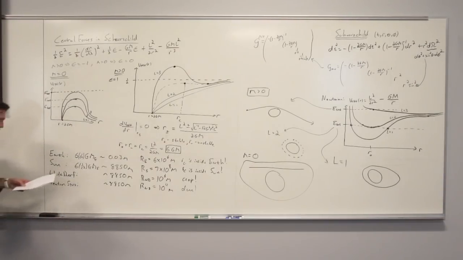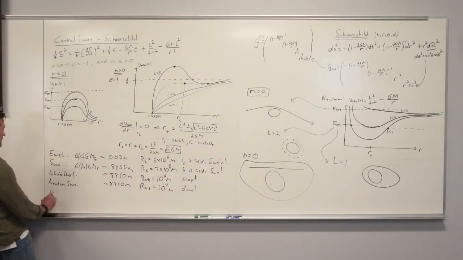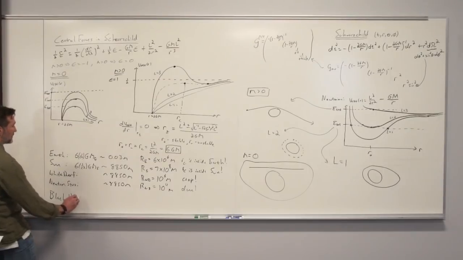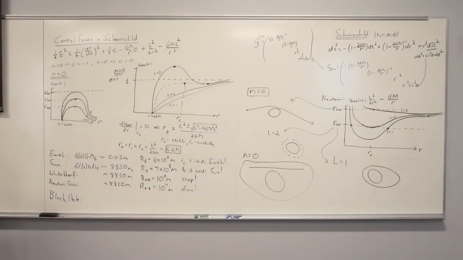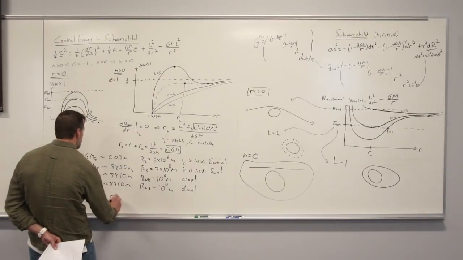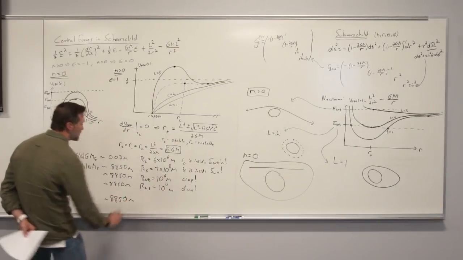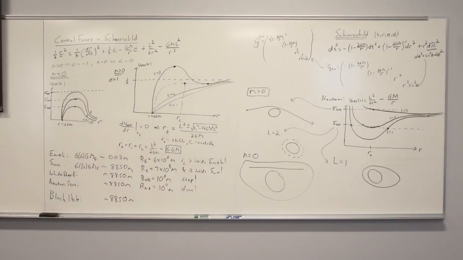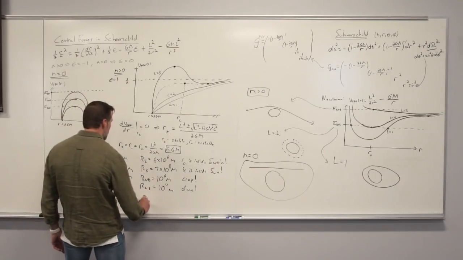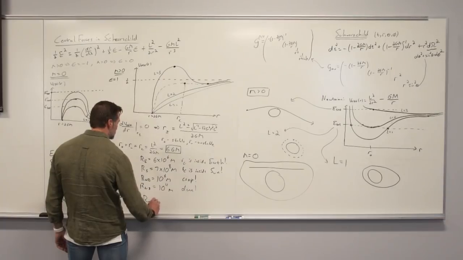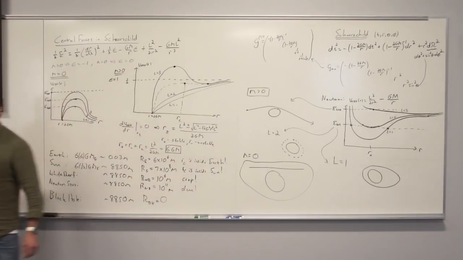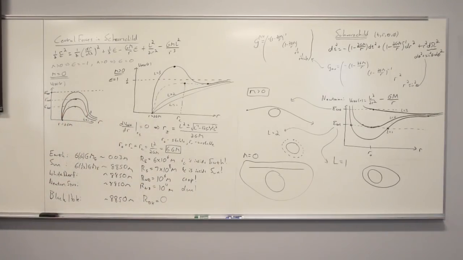Okay? The only thing that saves us in this story is a black hole. Of course, black holes have to be larger mass than the sun, but let's just say we had a solar mass black hole. In that case, again, the critical radius below which you cannot get circular orbits is 8,850 meters, but the radius of a black hole is 0. It's a singularity.